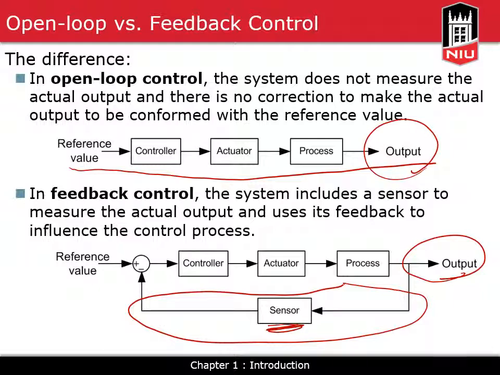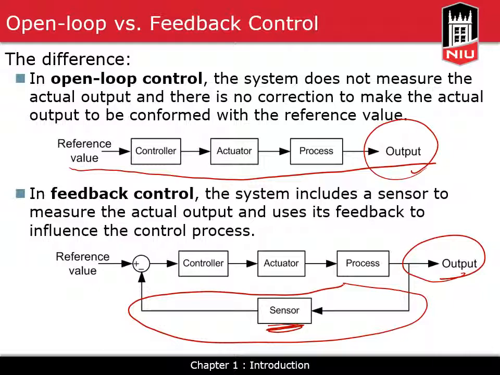So the controller makes the decision based on the error, tells the actuator what to do. Actuator will apply that on the process. By the way, the actuator in our temperature and AC system example would basically be the AC system itself. So the system or the process includes the air conditioning and the room itself.